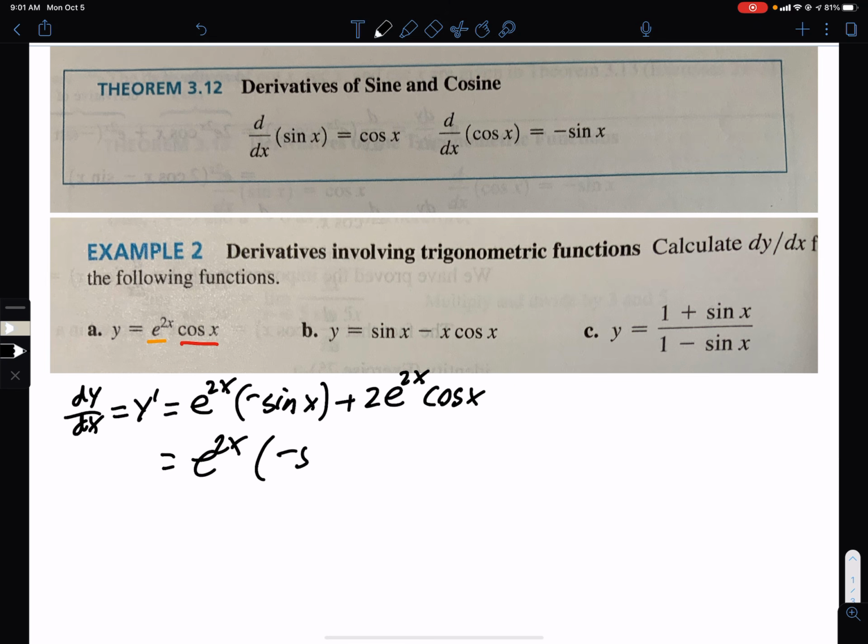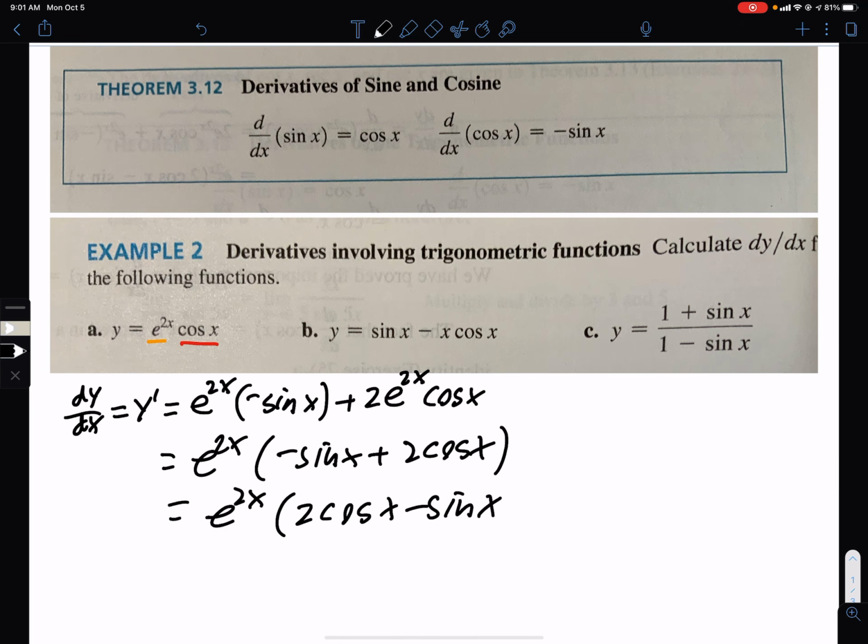We're left with minus sine x plus 2 cos x. And to make it prettier, we're going to put the positive 2 cos x first, then minus sine x. And that's the answer to the first one. Okay? And we'll do all three of these examples for you.